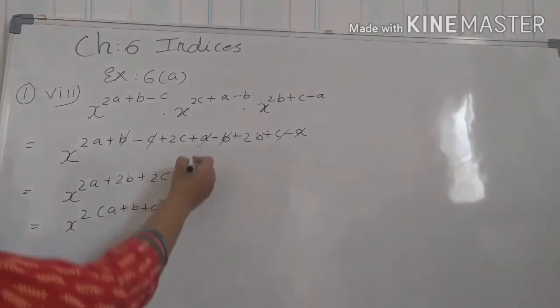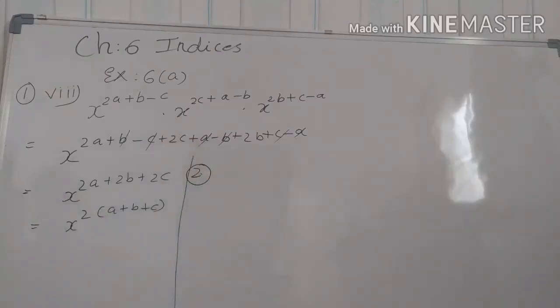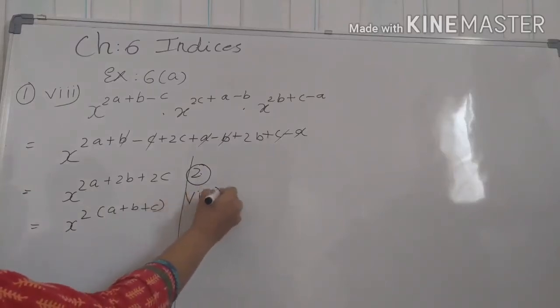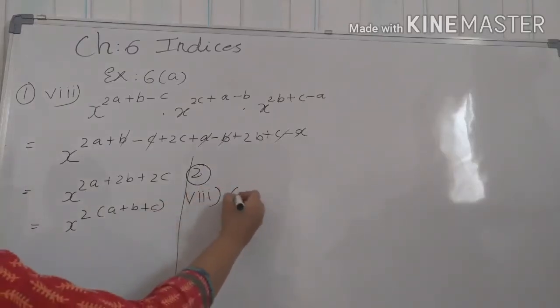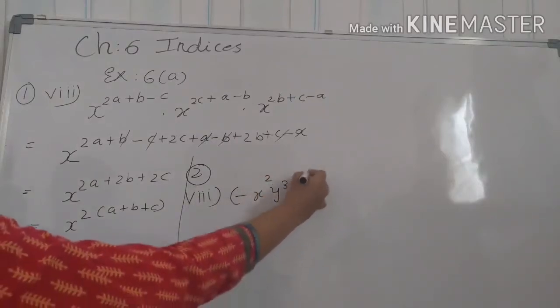Likewise, now I am taking question number 2, that is, write each expression in the simpler form. So here, we'll write the expressions in the simpler form. I am taking question number 8 first. That is, minus x square y cube whole cube.